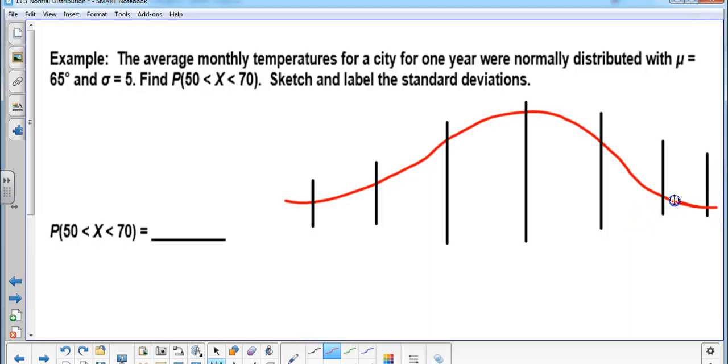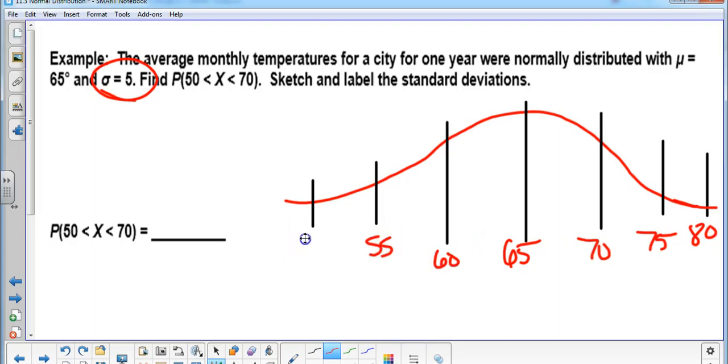And mine aren't because I ran out of room. Okay, the mean here is 65, and what are they counting by? What are the standard deviations? 5. So this would be 70, 75, and 80. Going this way, we'd have 60, 55, and 50.